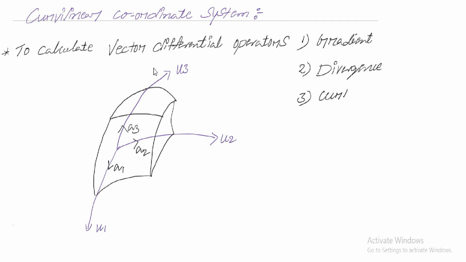They are not straight lines, they have some curve. The unit vector along the length of u1 is a1, the unit vector along u2 is a2, the unit vector along u3 is a3.